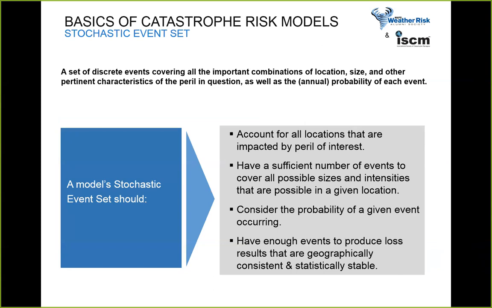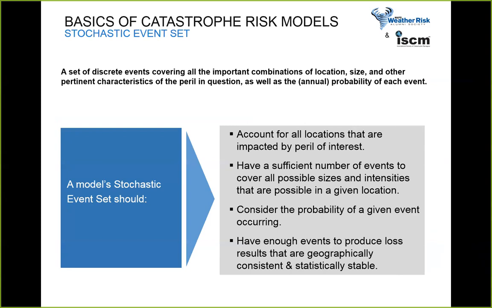Second, you have to have a sufficient number of events to cover all possible sizes and intensities that are possible at a given location. So CAT risk models operate on the law of large numbers, and you need a sufficient number of events to get your financial results to converge for a given risk or portfolio of risk.